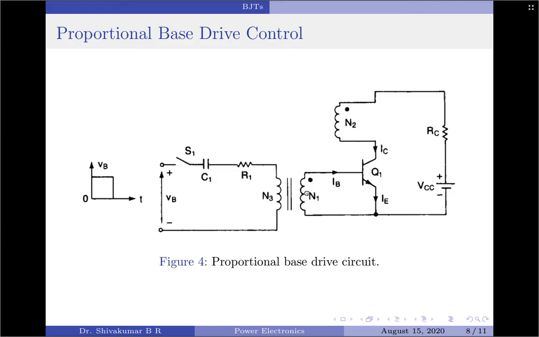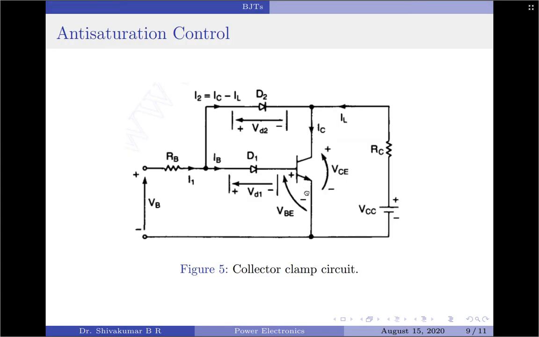So this is about the proportional base drive control. Now coming to the last technique in line, which is the anti-saturation control. If the transistor is driven hard, the storage time, which is proportional to the base current, increases and the switching speed is reduced. The storage time can be reduced by operating the transistor in soft saturation rather than hard saturation.